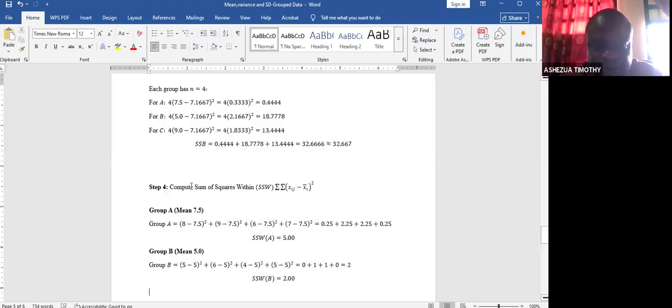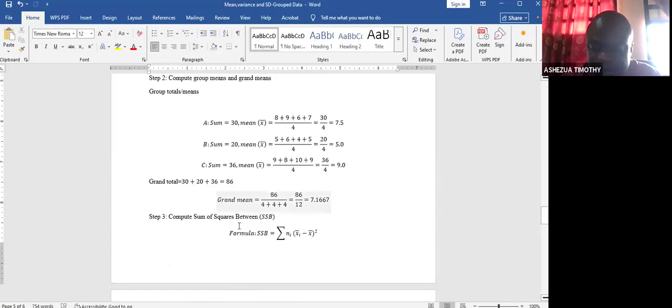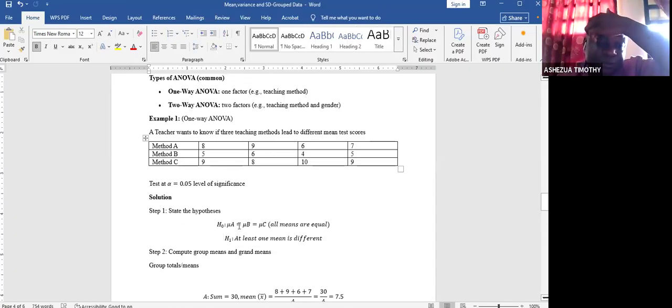Now, you compute sum of squares within. So for group A, if you notice, the mean is 7.5. So I'm going back to the table to show you something.